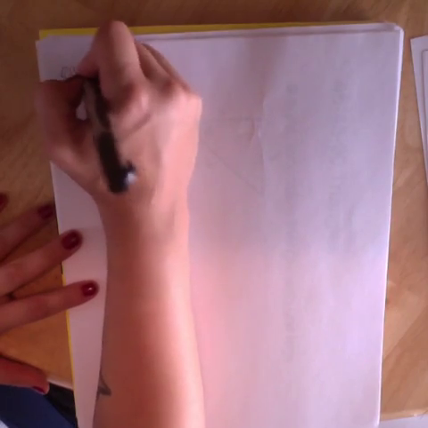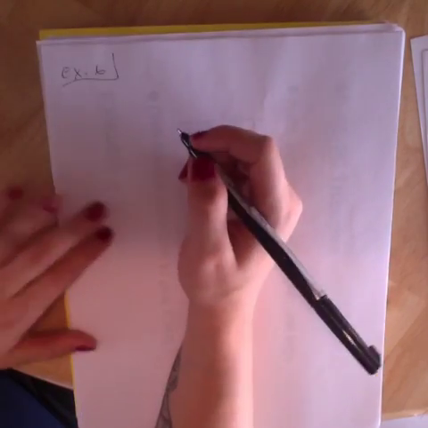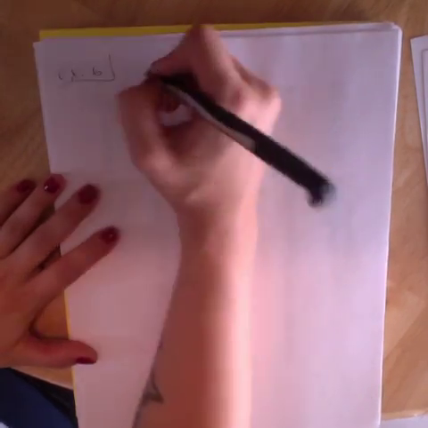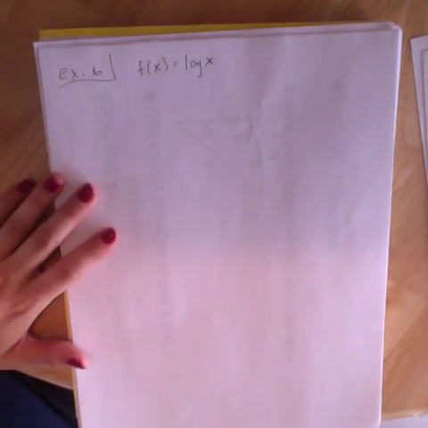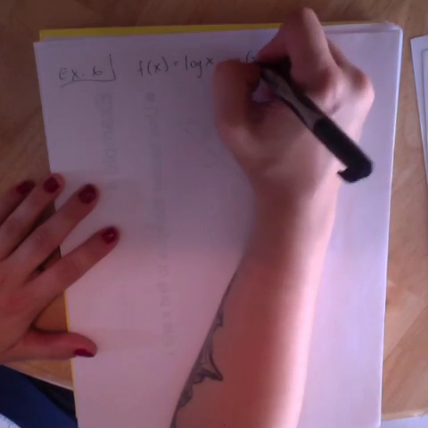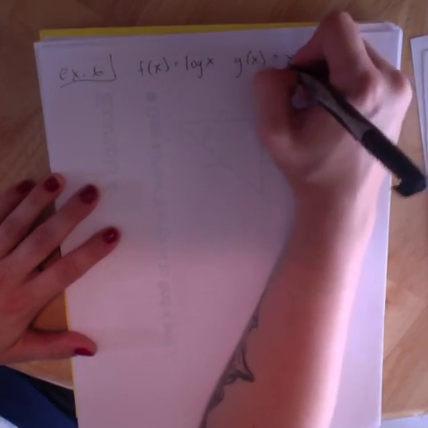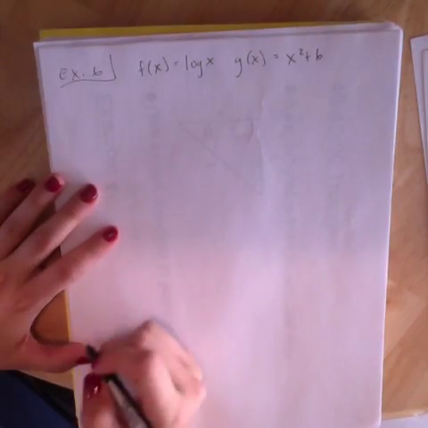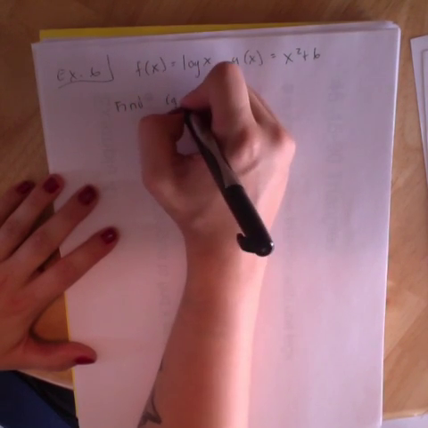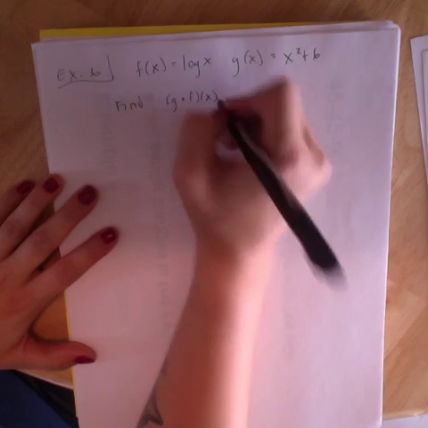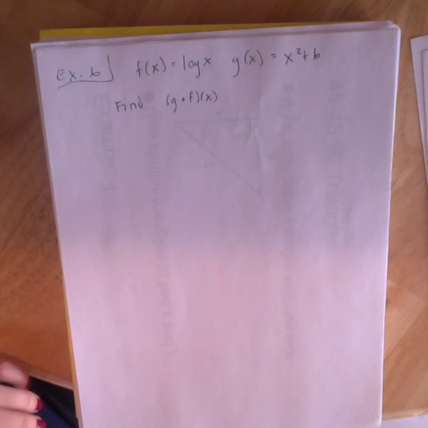So example 6. We're going to say f of x equals the log of x, and g of x equals x squared plus 6. We want to find g of f of x.